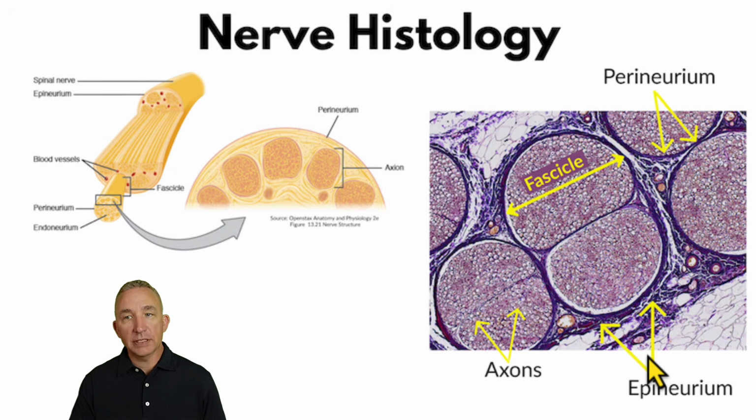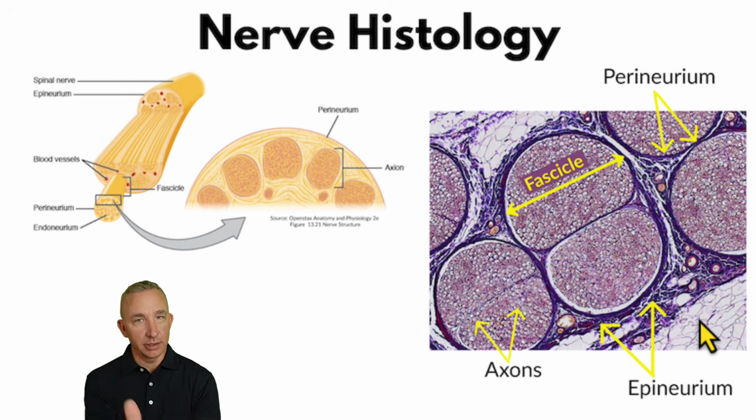So all of this is connected together, and this collection of these different layers is all connective tissue. So I'm using endoneurium to support an axon, I'm using perineurium to support a fascicle, and then epi towards the edge. Epi supporting the entire nerve. So it's straws within a straw, just like we did skeletal muscle.